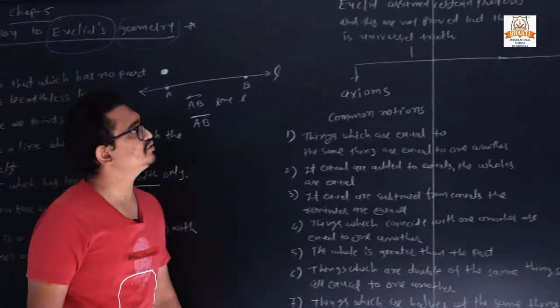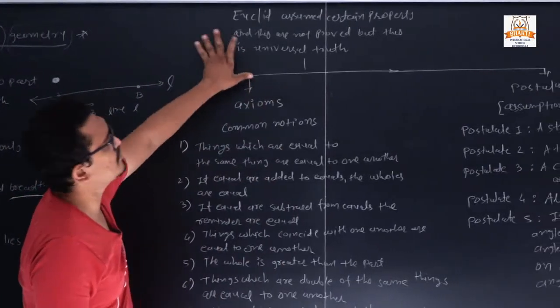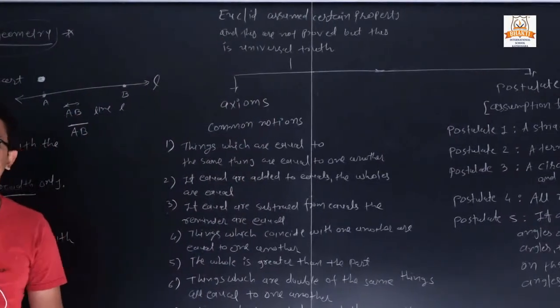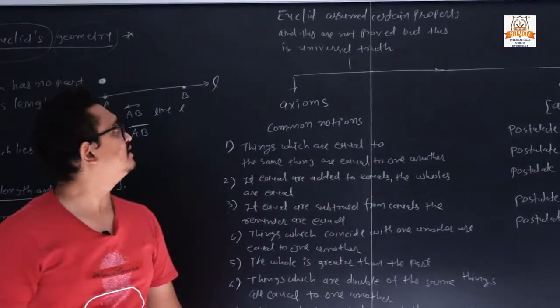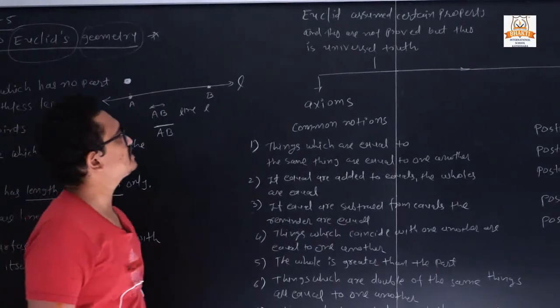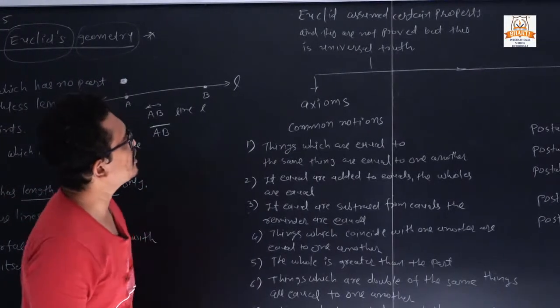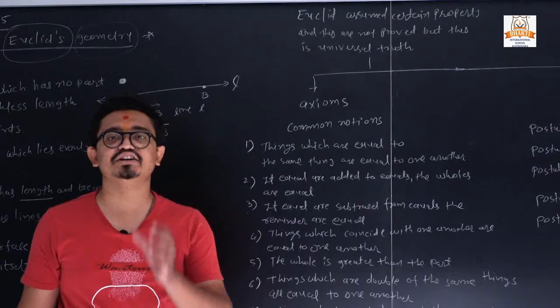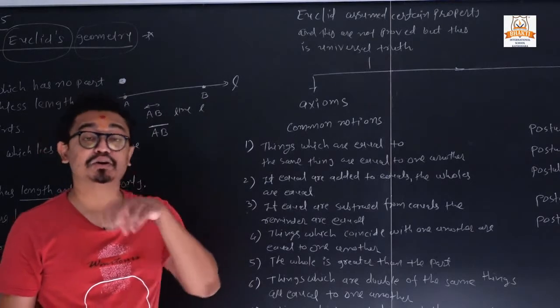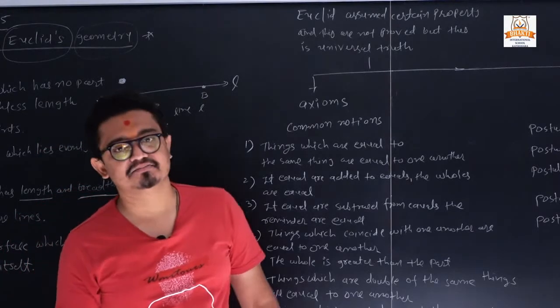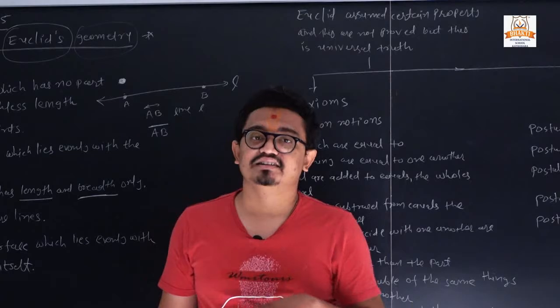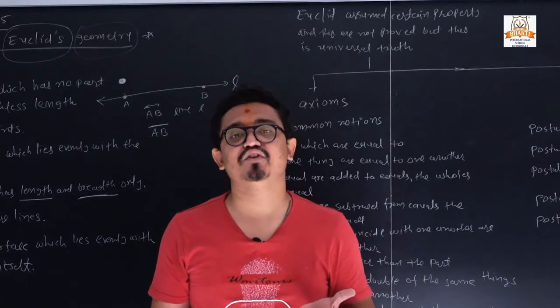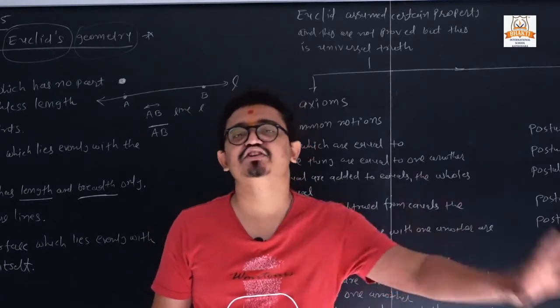Now we are going to our next topic. Euclid gave 2 things. Clear? Euclid assumed certain properties, and these are not proved. So this is a universal truth. Euclid gave some properties for which we don't have a proof, but it is a kind of universal truth.